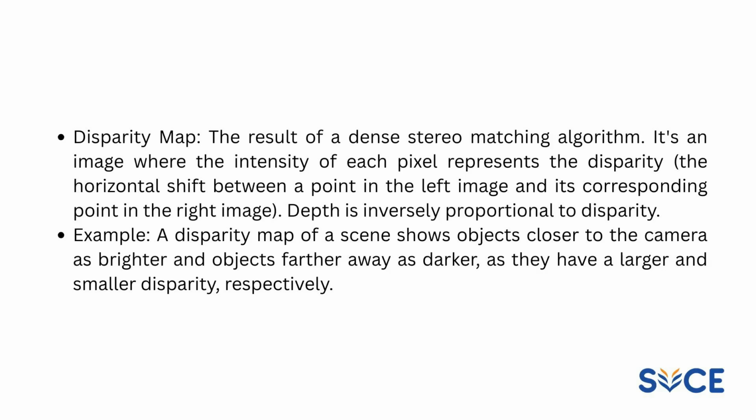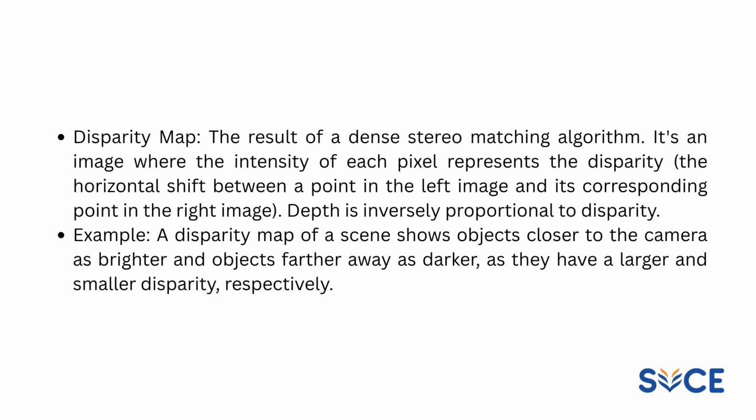Next, let's look at the disparity map. A disparity map is what we get after comparing two stereo images, like how our left and right eyes see slightly different views. It shows how much each point in the left image has shifted compared to the right image.